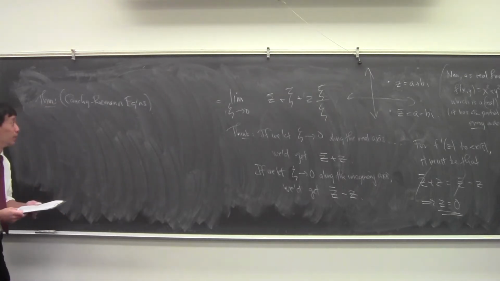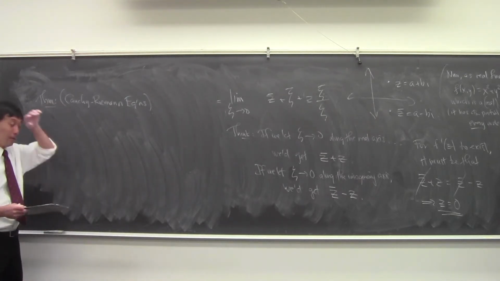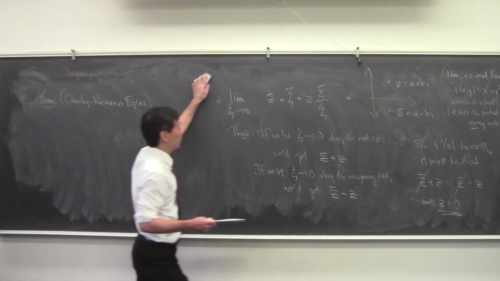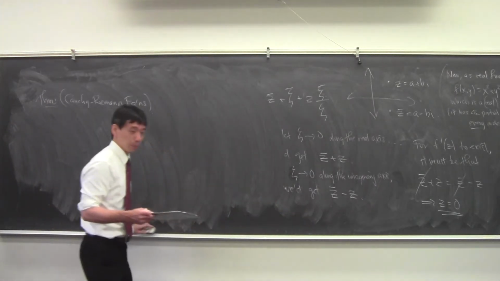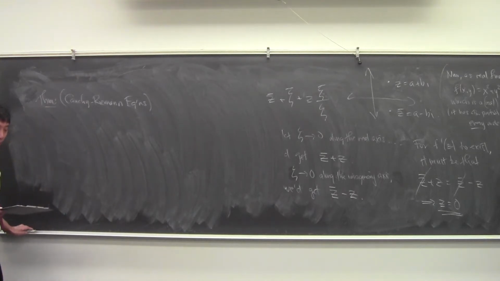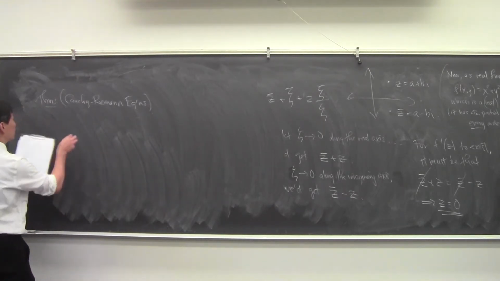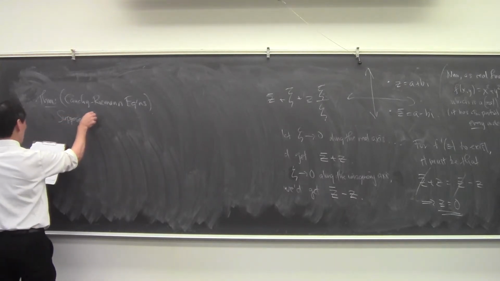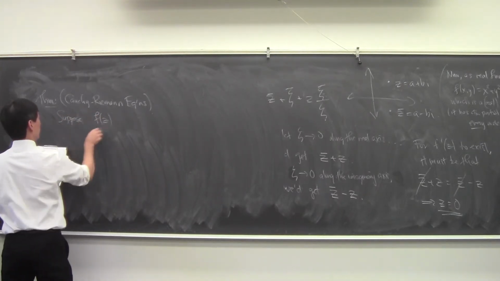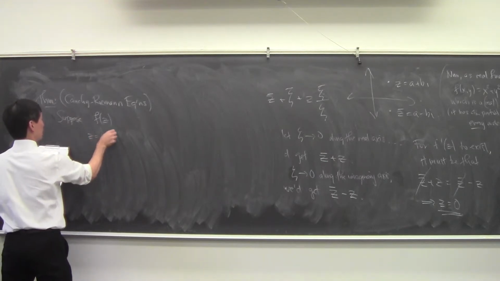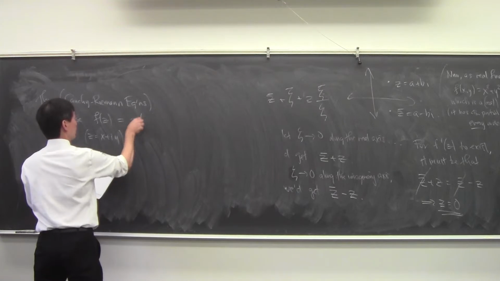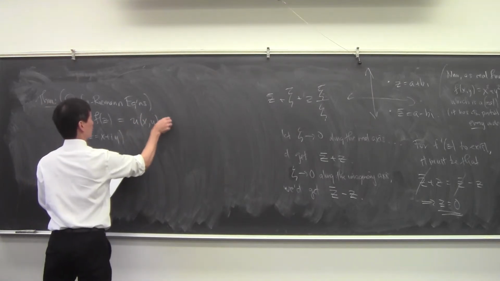Okay, so we've got 20 minutes. I think we can do it. Once we get the Cauchy-Riemann equations, we'll be able to get to our last goal of using Green's theorem to prove Cauchy's formula. Here are the Cauchy-Riemann equations. Suppose that f of z, where z is x plus iy, can be written as u plus iv.